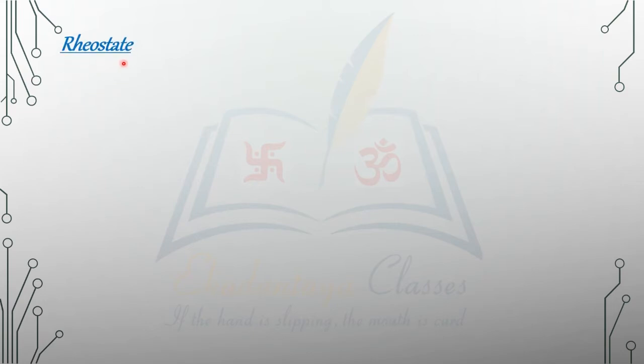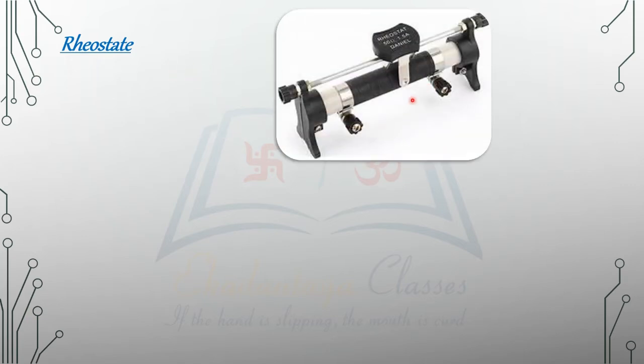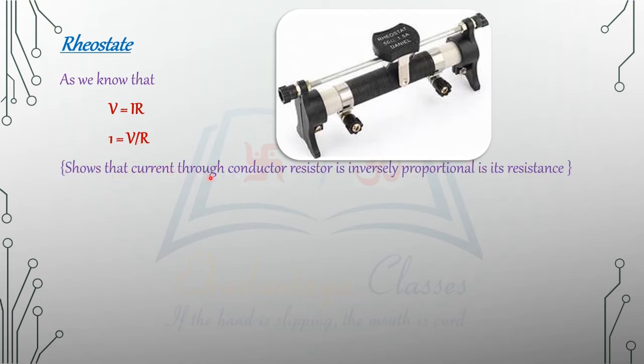Rheostat. What is a rheostat? Can you guess? Yes, exactly. This is a picture of a rheostat. As we know that V equals IR, I equals V by R. This shows that the current through a conductor is inversely proportional to resistance.